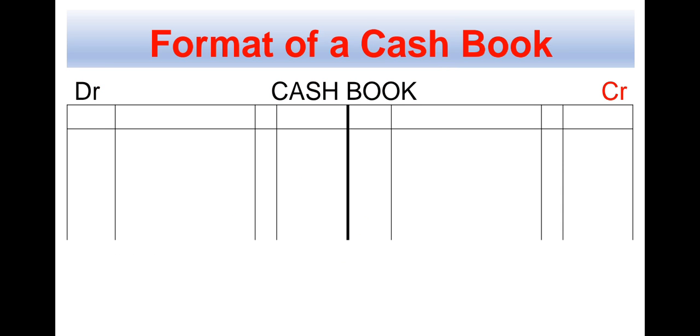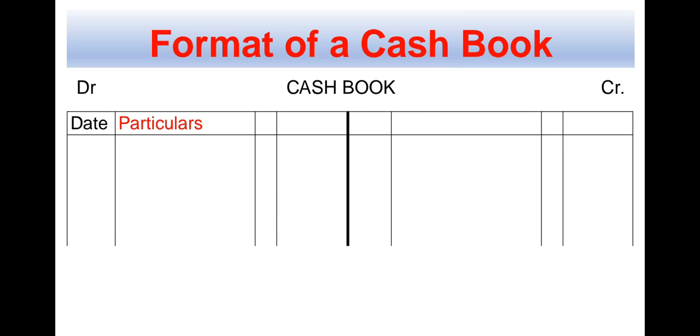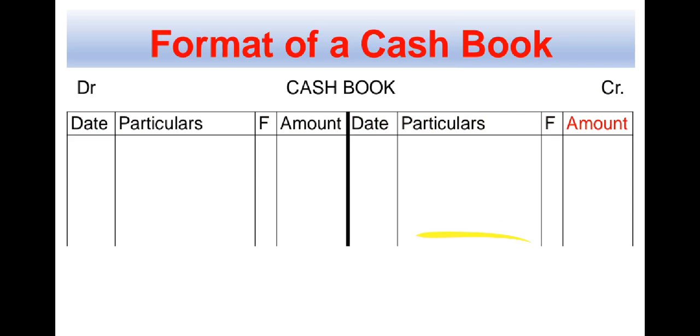At the credit side, we have CR to represent credit. So now we fill the ledger. We have date, particulars, folio, cash at the debit side. We repeat the same thing at the credit side: date, particulars, folio, and amount. So this is the format of a cash book.